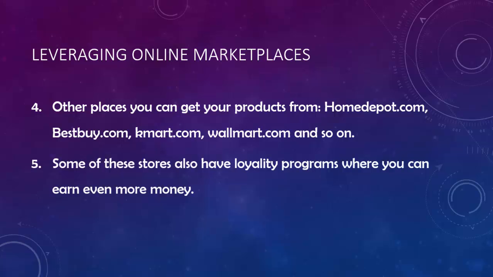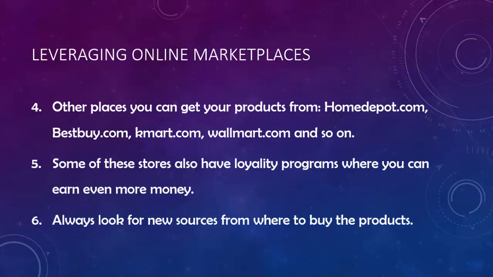Also, on some of the stores that have loyalty programs, you can create your own account and your own loyalty card, and you can earn more money. You can have a higher profit margin because you are earning points for each order that you make. You can get special discounts for some products, and that can turn into an extra couple of $100 every single month, which is very good money, of course.